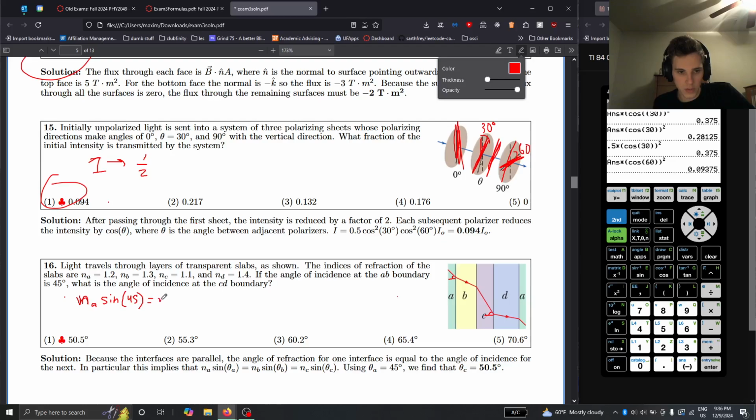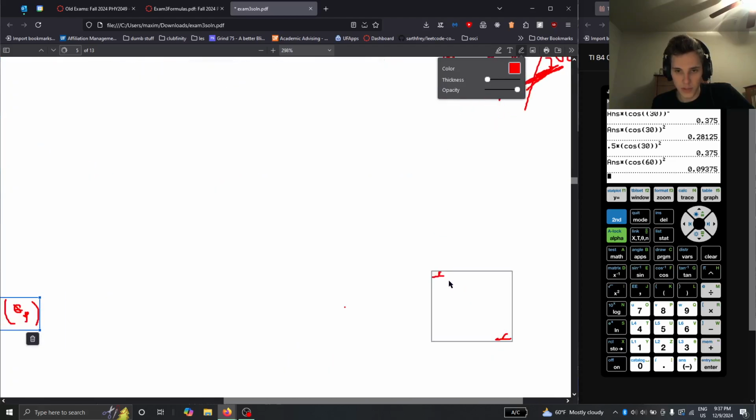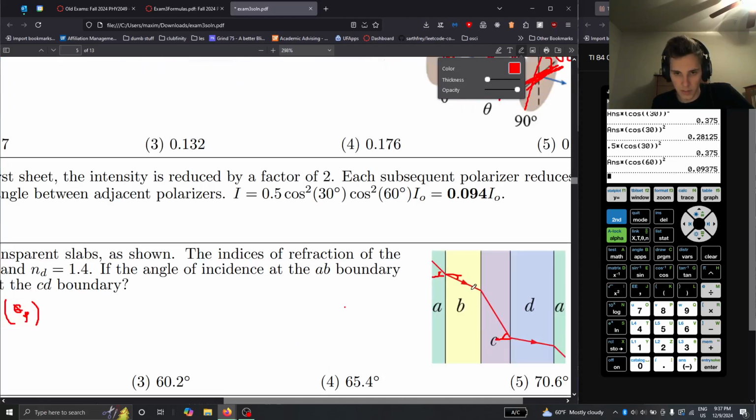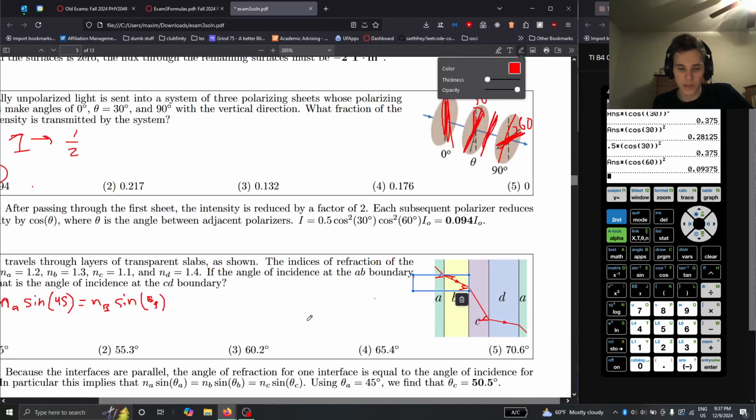And then we'll set that equal to NB sine of theta B. What's interesting is this angle here, which we get from Snell's law, is actually equal to this angle here, which we'll use for Snell's law additionally.